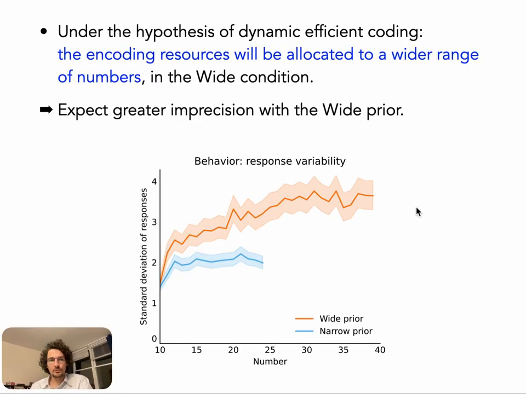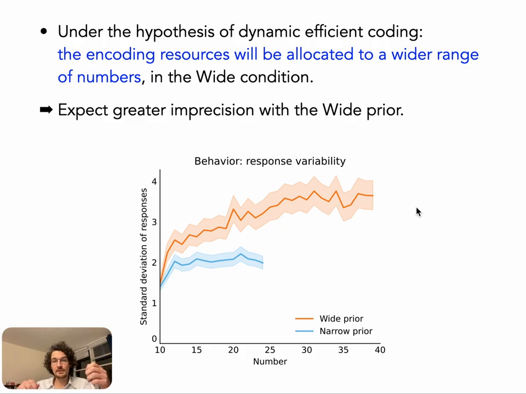Okay, so these are the two conditions, and under this idea of dynamic efficient coding, the encoding resources will be allocated to a wider range of numbers in the wide condition.